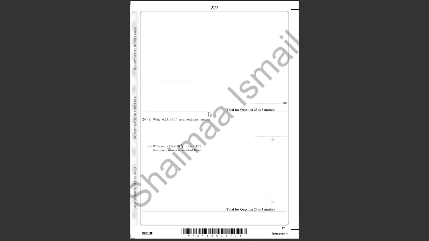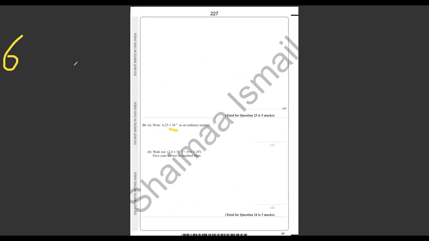You see the next, write this as an ordinary number. We just expand it. Here, negative. So we move this decimal point with 6. And we have a point here. And let's make it clear for you. Here we have 6 point 2 5, multiplied by 10 to the power -4.